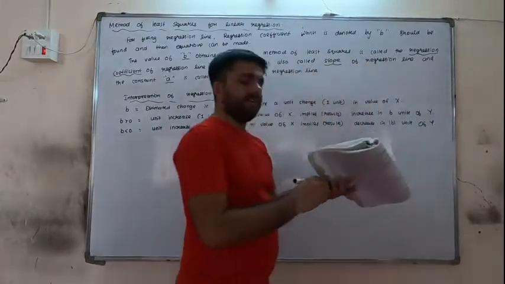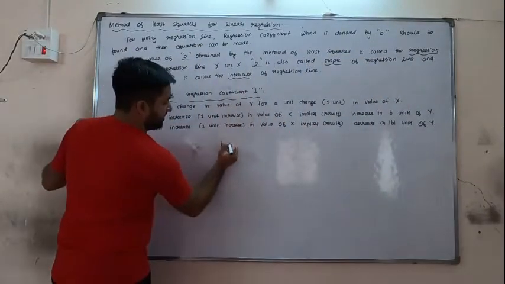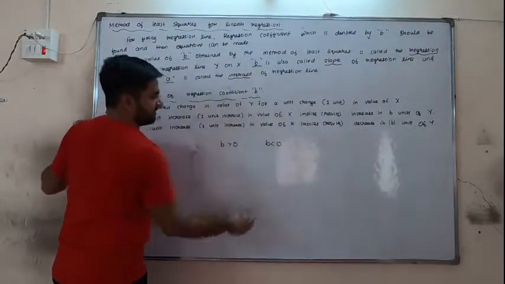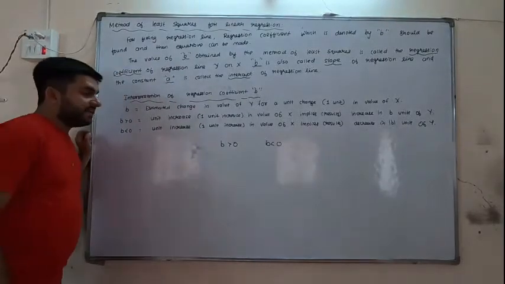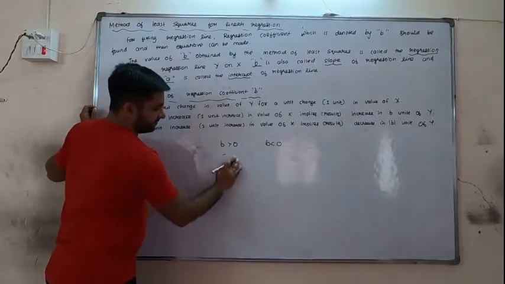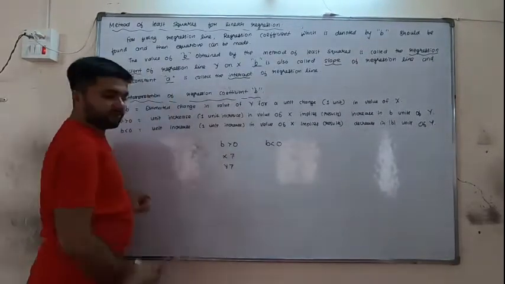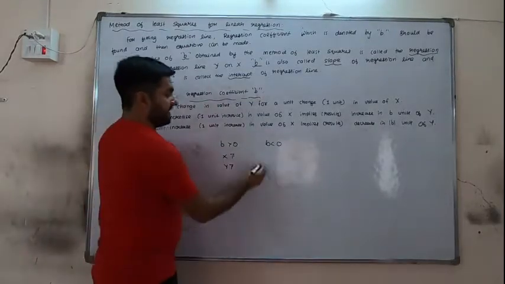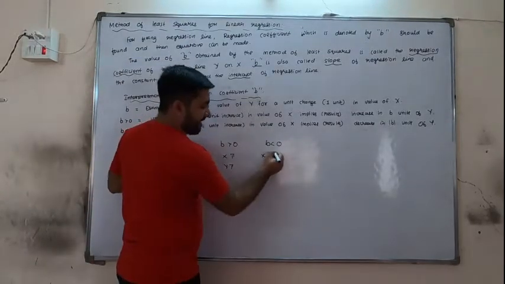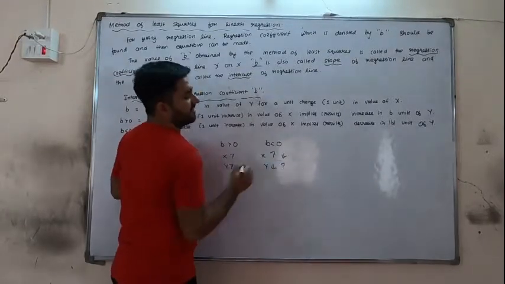Now I will explain what they are telling for b greater than 0 and b less than 0. If b is greater than 0, then x is increasing, it will result in y also increasing. Then if b is less than 0, if x is increasing, then y will decrease, and in the same way, if x decreases, then y will increase.